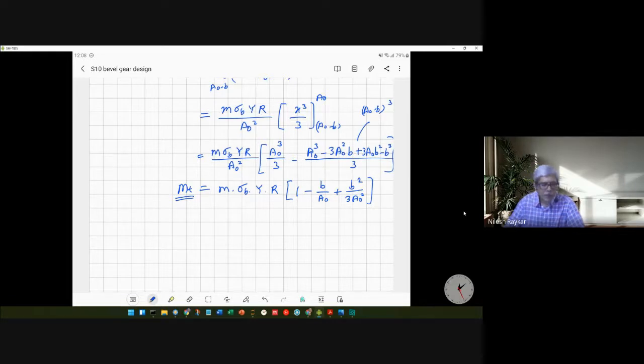So this, the bending strength of the bevel gear, is computed at the large end of the gear.